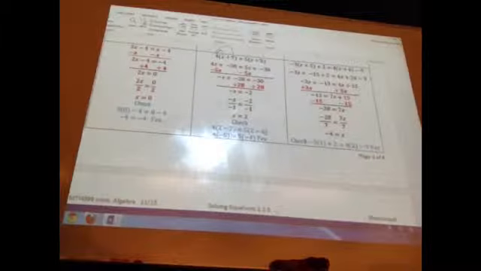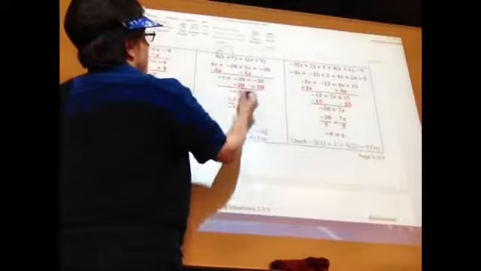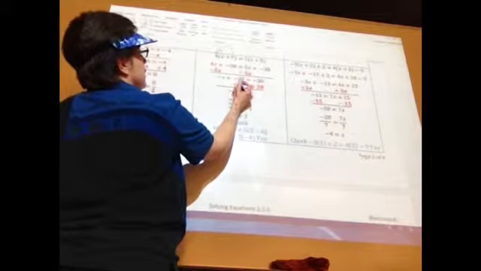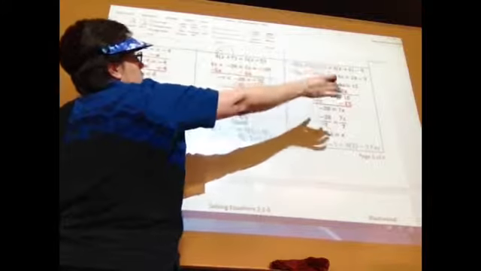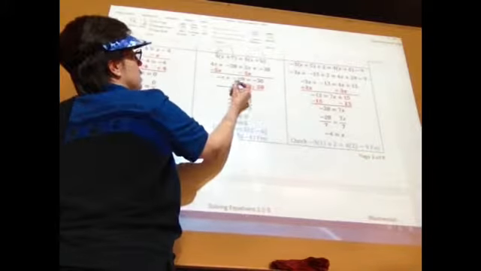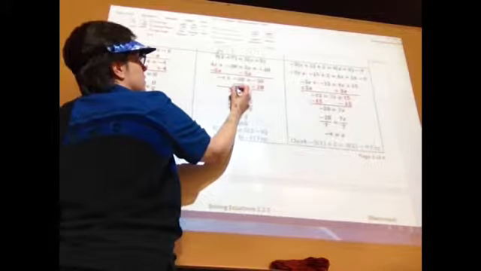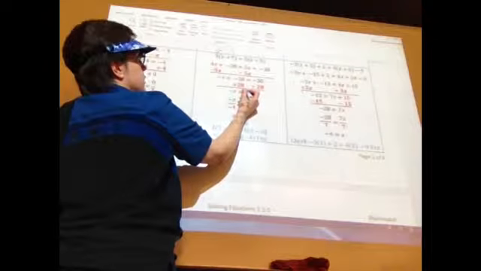Now, use subtraction to get all the constants to the right side of the equation. Remember that subtraction of a negative is addition of a positive. So, I'm going to move the 28 to the right, so all my constants are on the right. So, subtracting a negative 28 means I'm adding a positive 28.